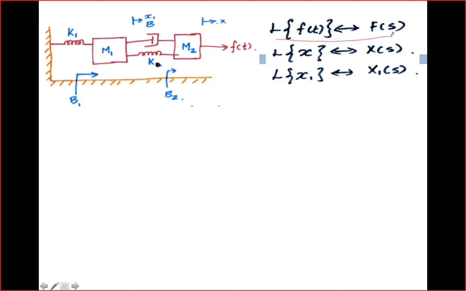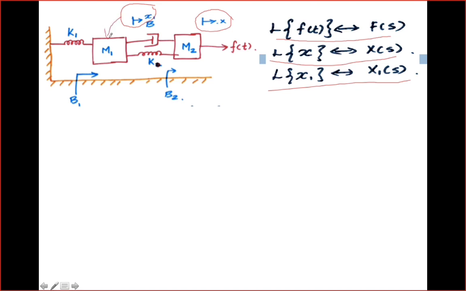So the Laplace transform of f of t is F of s. The Laplace transform of x, that is the output, is X of s, and the Laplace transform of x1 is X1 of s. Then what are x1 and x? X1 is the displacement that happened because of mass element 1.